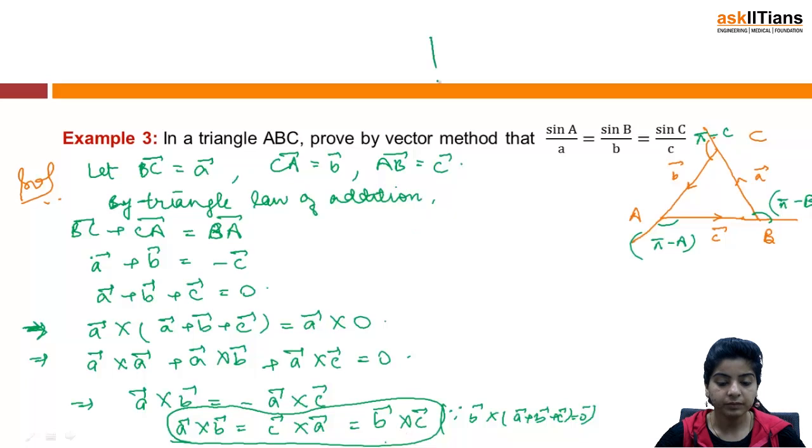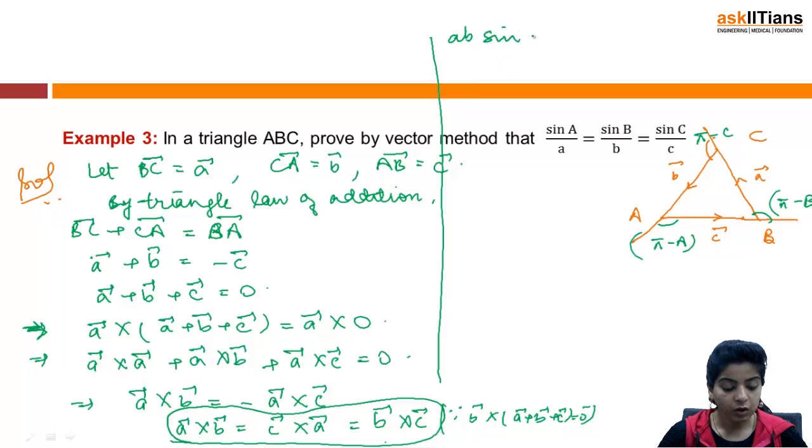What does this give me? A cross B, now I am just utilizing the formula. So I get AB of, now the angle between vector A and vector B would be pi minus C. You can see the angle between A and B would be pi minus C. So I have AB sine (pi minus C) would be equal to CA sine (pi minus B) would be equal to BC sine (pi minus A).